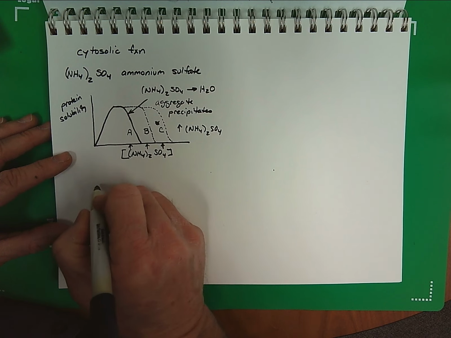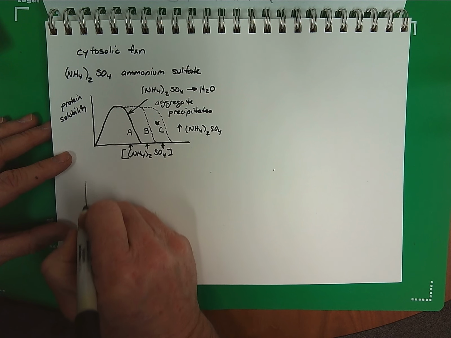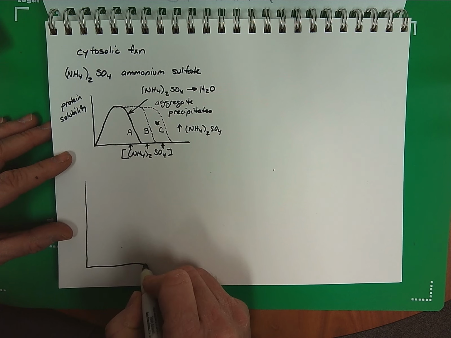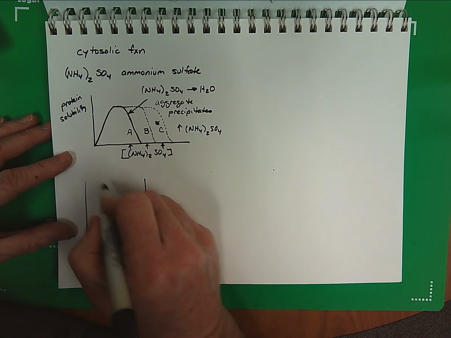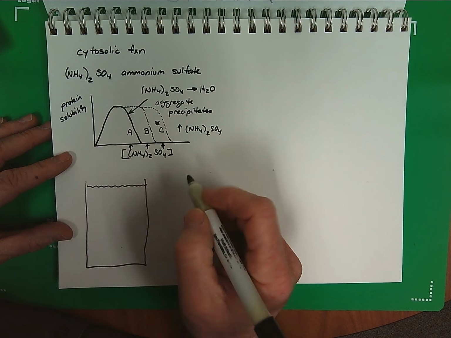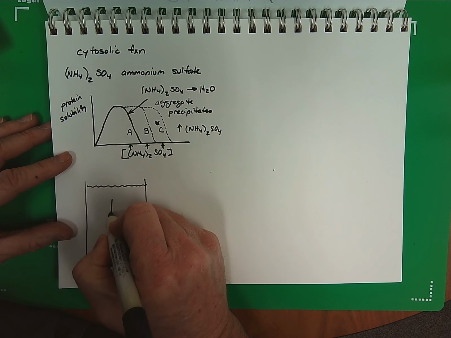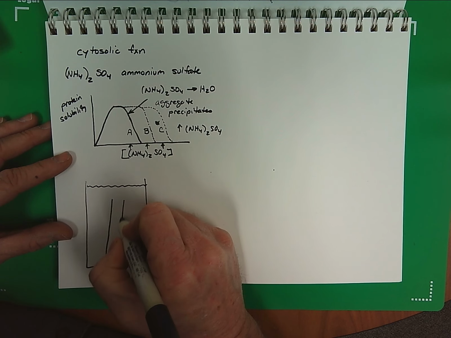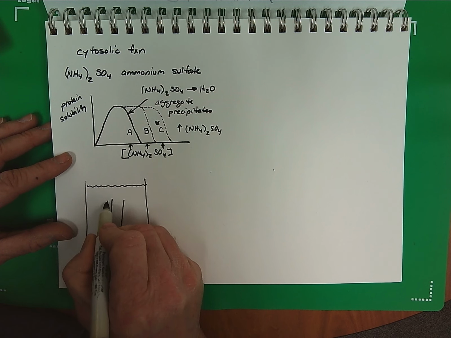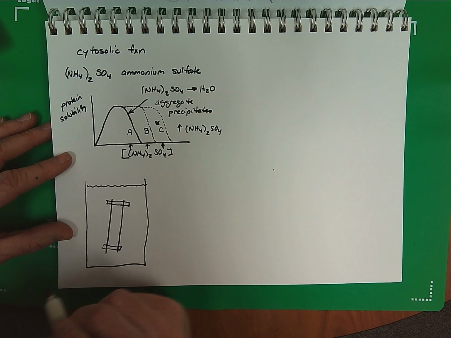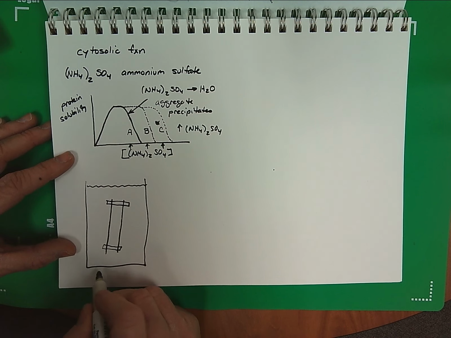And what we are going to do for this is put this into essentially a beaker of water. But first, we are going to add the water here, and we are going to add a bag with clips on the end to seal the bag off. This is called dialysis tubing.